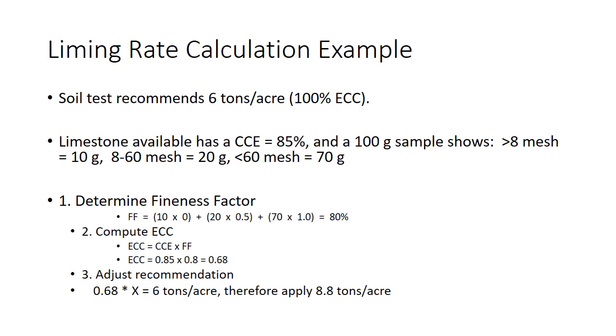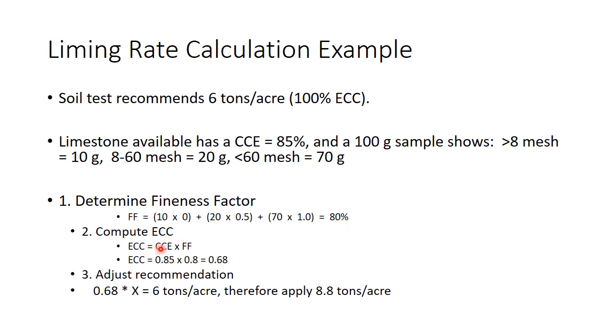All right, so plugging in our values, 10 grams times 0% effectiveness, plus 20 grams times 50% effectiveness, plus 70 grams times 100% effectiveness, we get an 80% fineness factor. So we had different values in the last one, but we still get 80%.